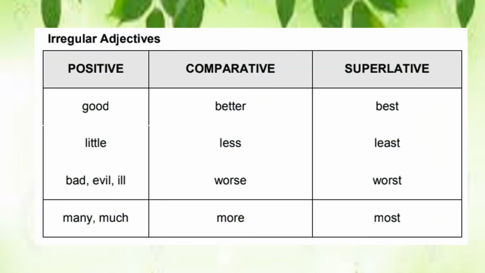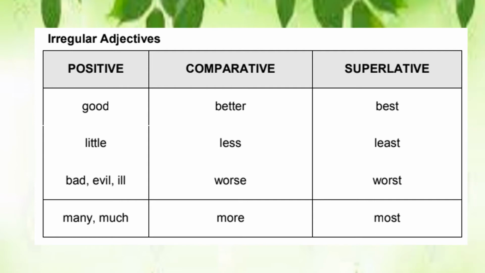Okay, now let's proceed to irregular adjectives, positive, comparative, and superlative. For irregular adjectives, you need to familiarize yourself with the different irregular adjectives, because you cannot just add er to make it comparative or est to make it superlative. For example, good.